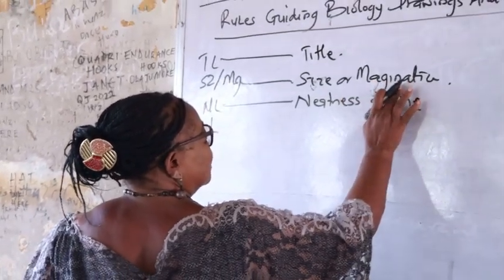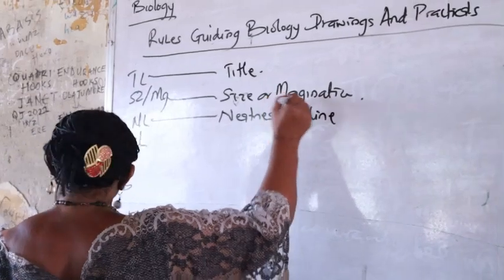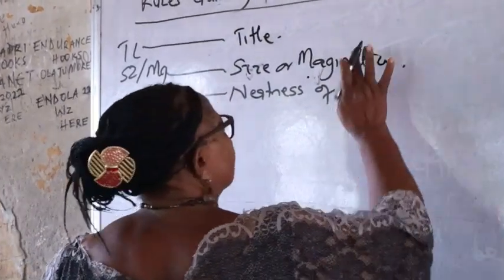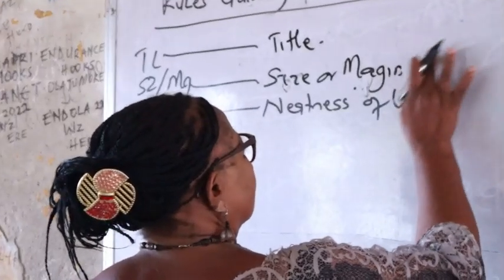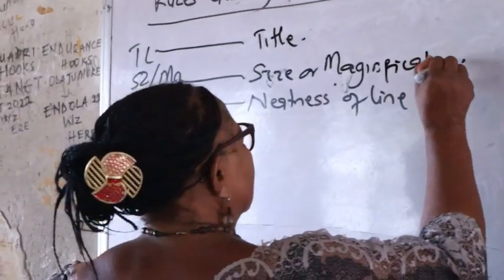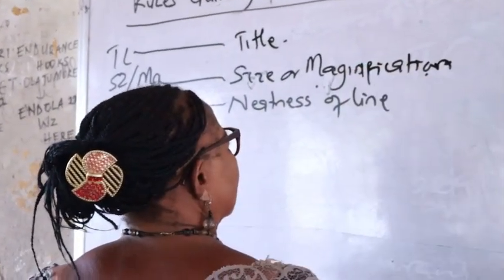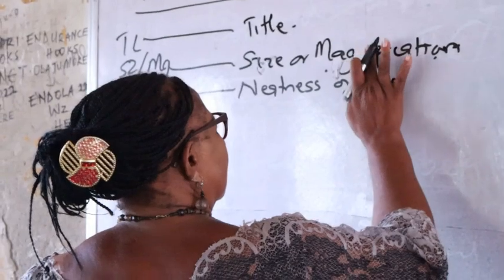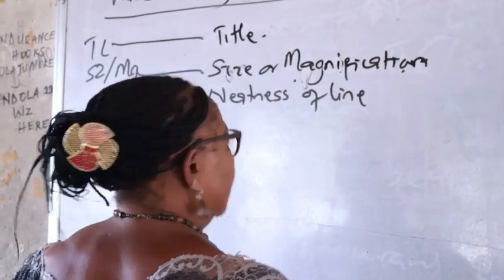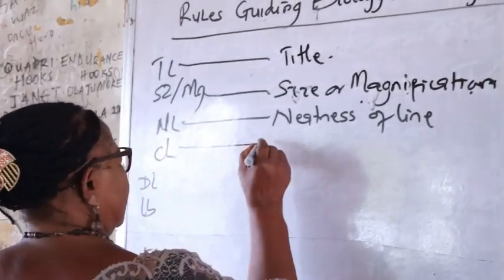What is missing here? M-A-G-N. Magnification. Am I correct now? Yes. Okay, we have clarity.